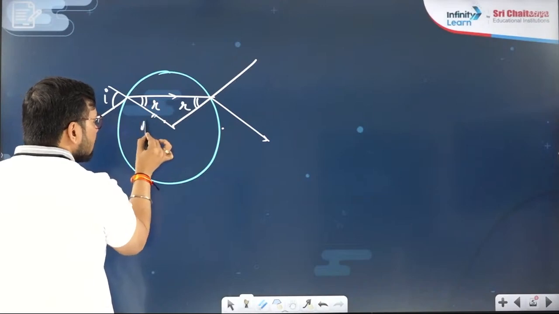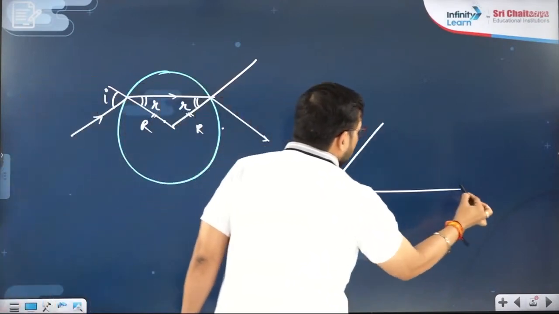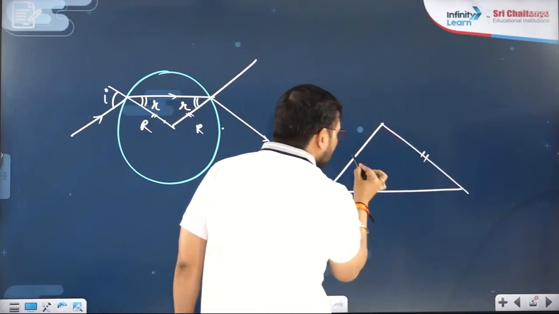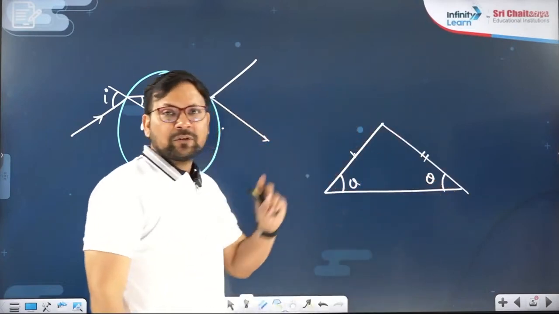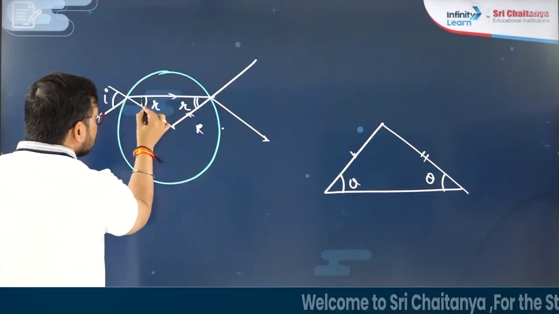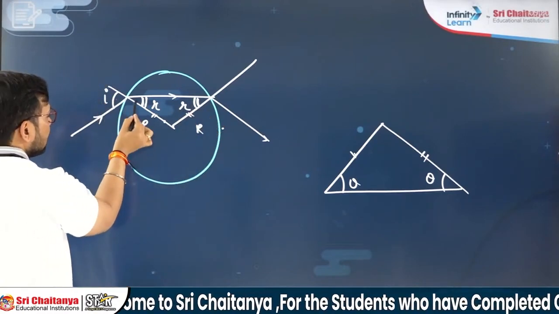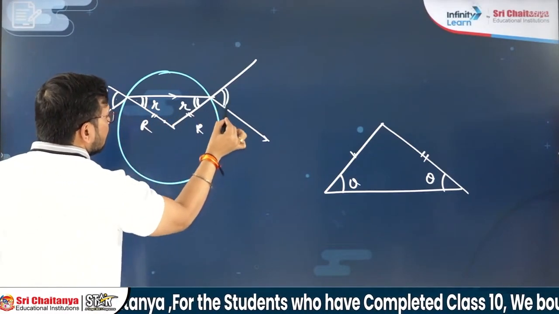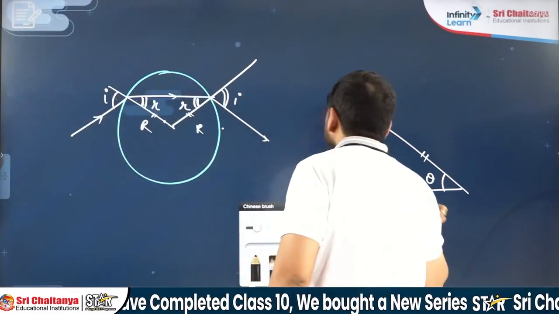Because these two lengths are equal. I hope you know this. In an isosceles triangle, when sides are equal, their base angles are the same. That is your class 9th and 10th concept. So these two sides are equal, so these two angles will also have the same value. Moreover, this is R, so this will also be I. Why this is I, we will see in Snell's law.